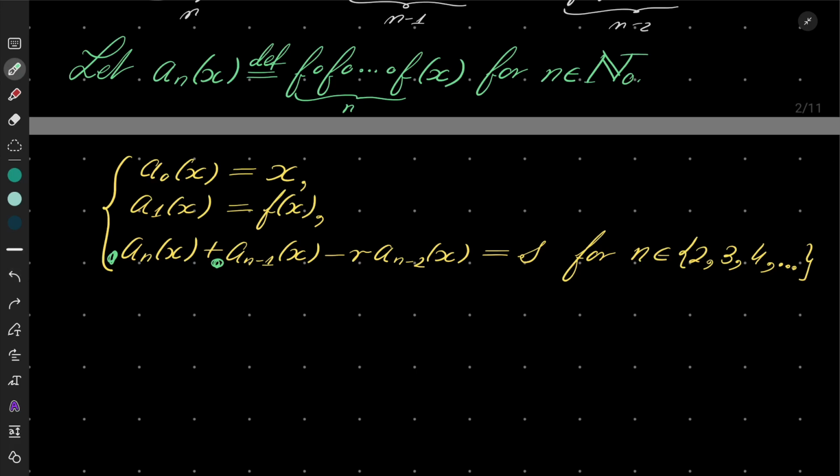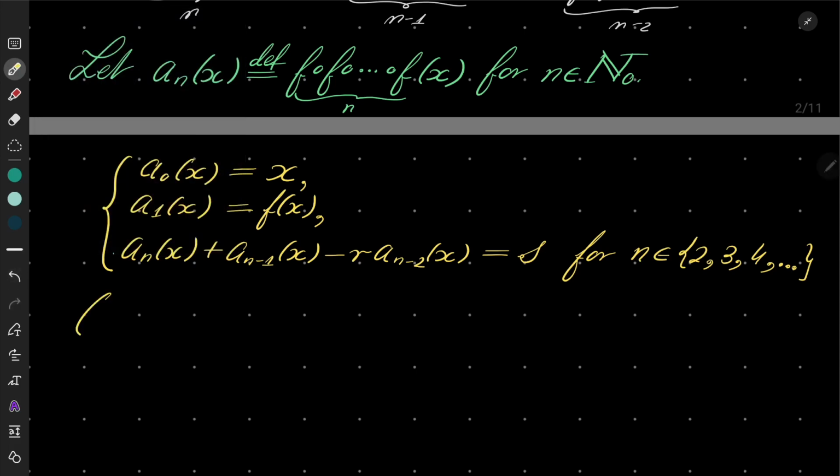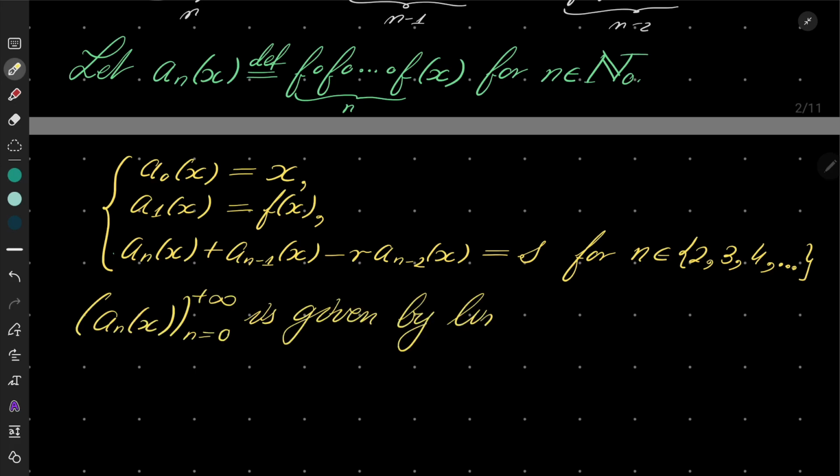So let's write it. a_n of x is given by a linear but not homogeneous recursion.